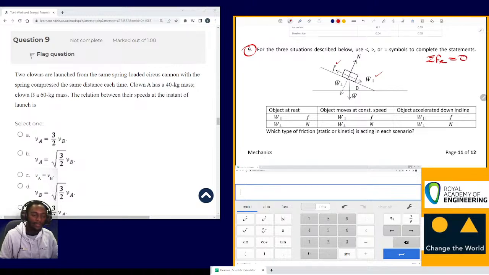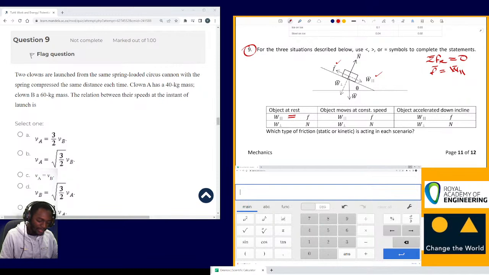And if they are equal to 0, it means that the force of friction is equal to the component of the weight down the slope. So it means that these two are equal. That's what it means, okay? We've just explained that.